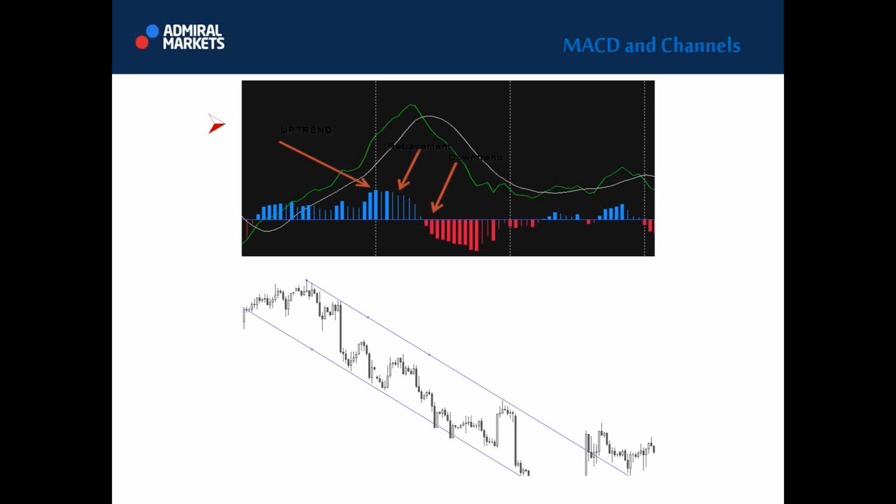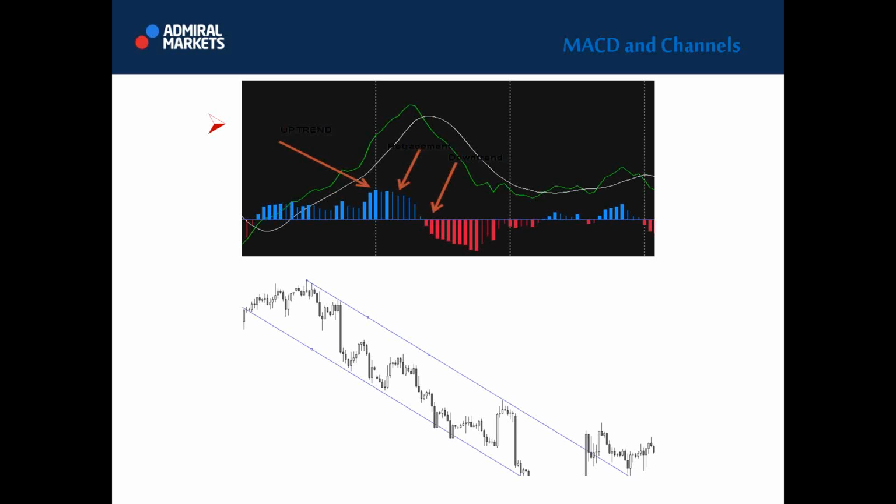This is just its introduction and the most important aspect of MACD: how the trend is defined by MACD. And the second thing is a channel. In the first picture, you can see that we have a zero line. The zero line on MACD is called the waterline.